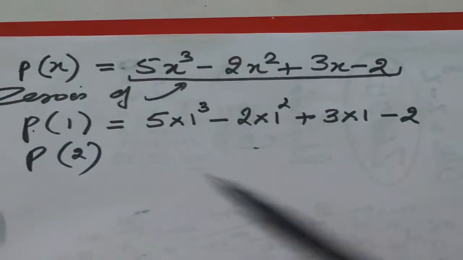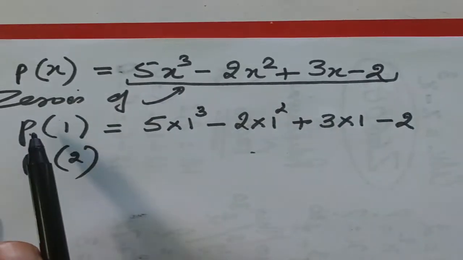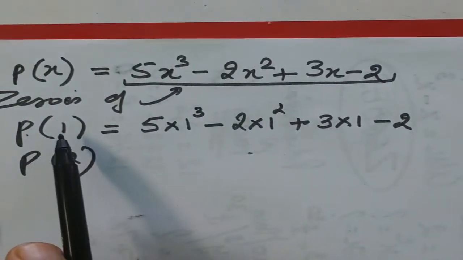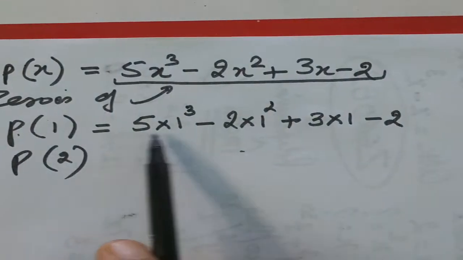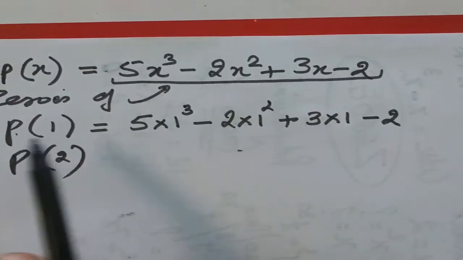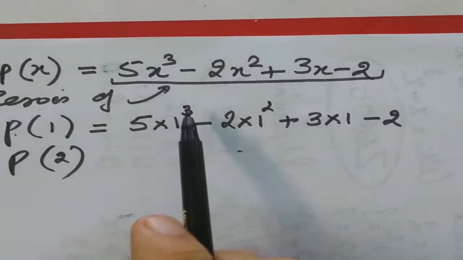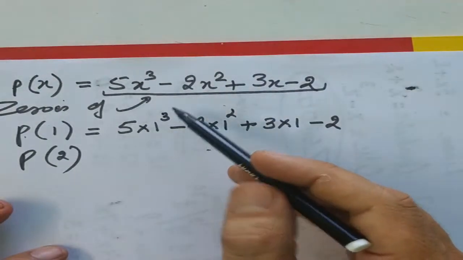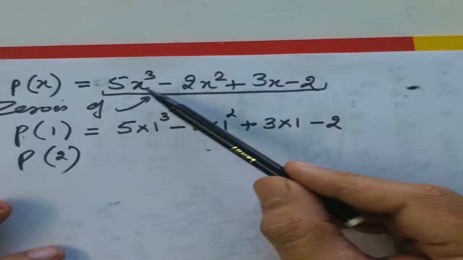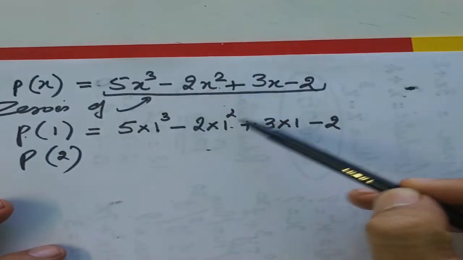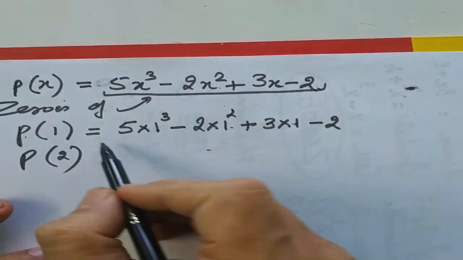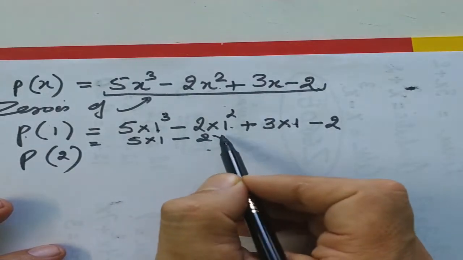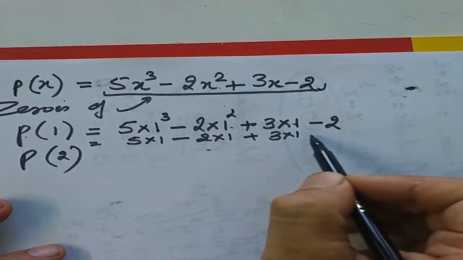So this is the expression given to you, and p of 1 means I am finding whether 1 is a zero of this expression, that is, which number I replace x with so that the answer of the whole expression becomes 0. So when I write p of 1, it is 5 into 1 cubed minus 2 into 1 squared. I think you have understood where this 3 is coming from: I have replaced x with 1 everywhere. So this will become 5 into 1 minus 2 into 1 plus 3 into 1 minus 2.